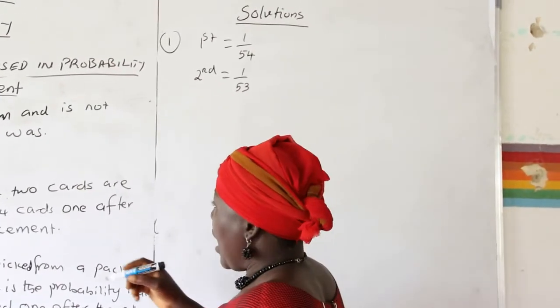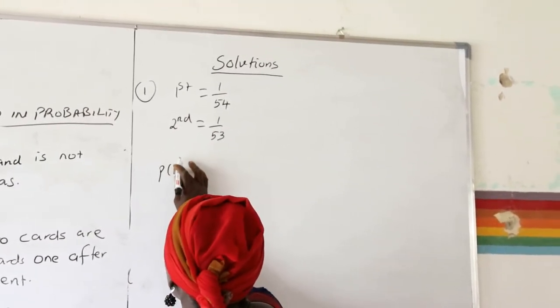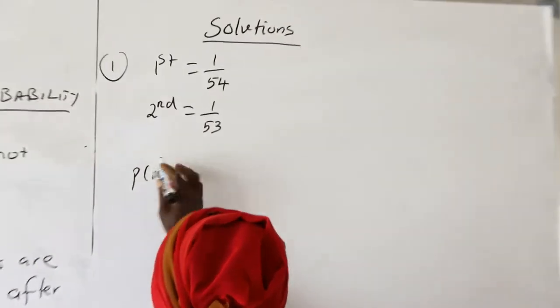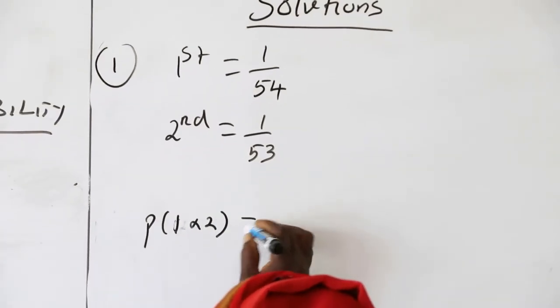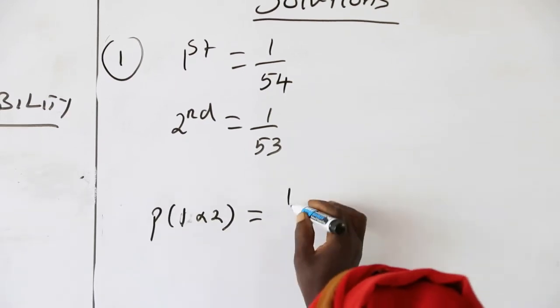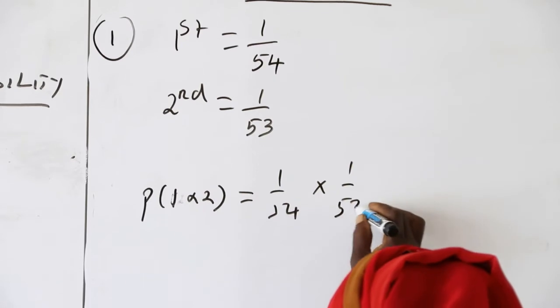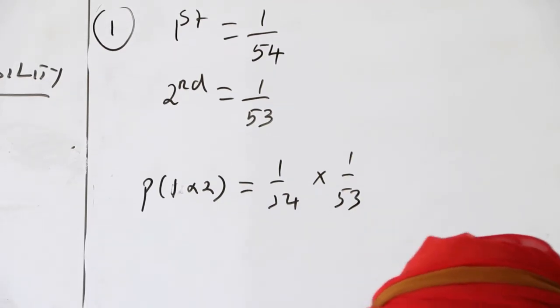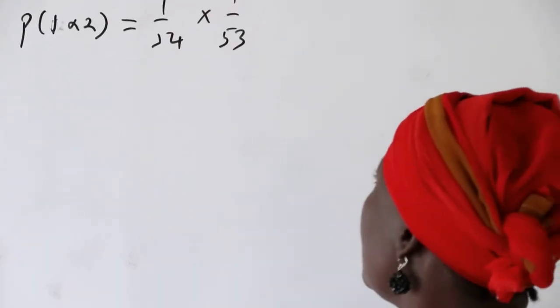Now, the probability of picking first and second cards will now be 1 over 54 times 1 over 53.